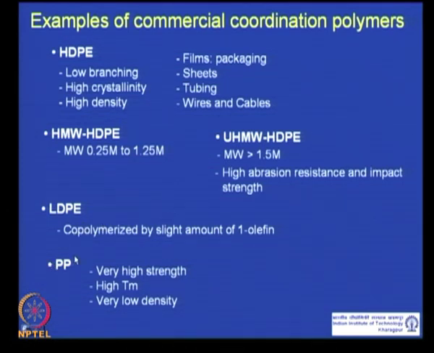Another very important polymer which is made industrially by this technique, as we discussed several times, is polypropylene. And as we said, stereoregular polypropylene like isotactic polypropylene is very useful to synthesize. So, with this we come to the end of this module on polymer synthesis.